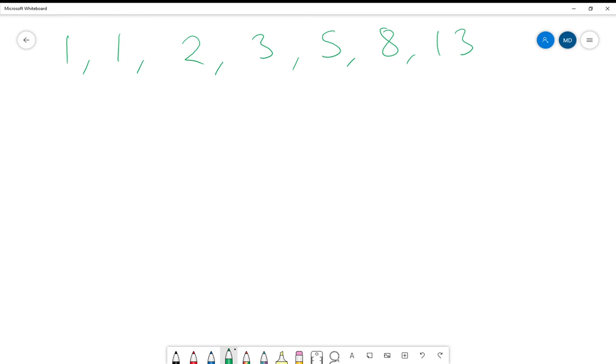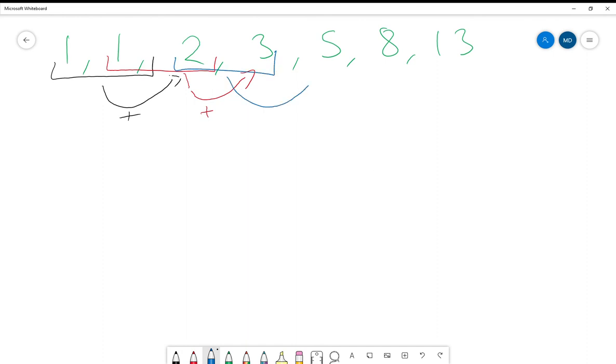Now what's special about this is that each term, so the 2, is the 2 terms before it added together. And the 3 is going to be the 1 and the 2 added together. Oh, I wrote multiply both times. Added together. And the 5 is the 2 plus the 3 added together. And that there defines the Fibonacci sequence.